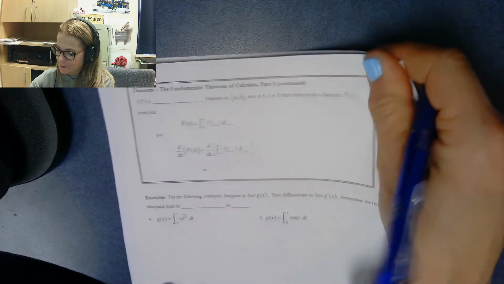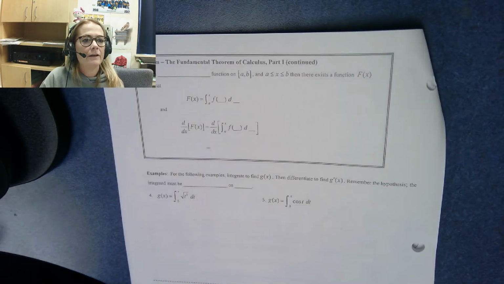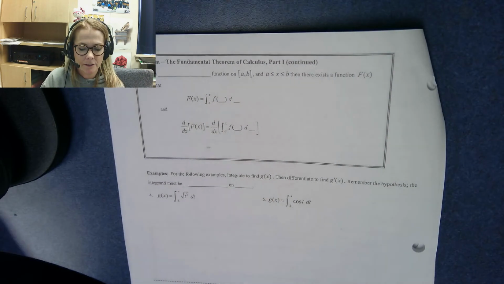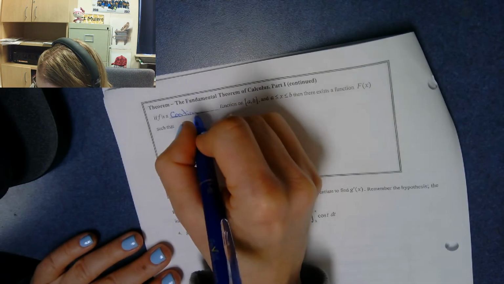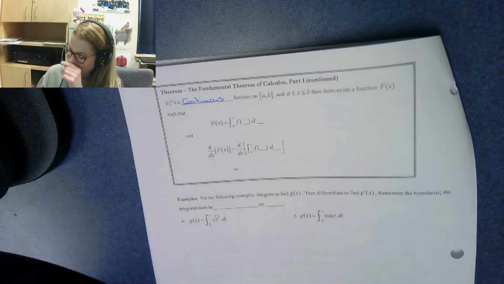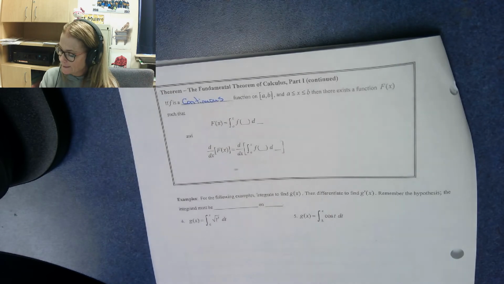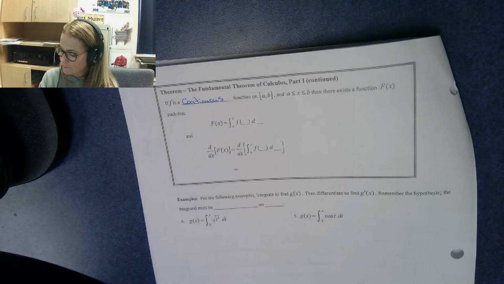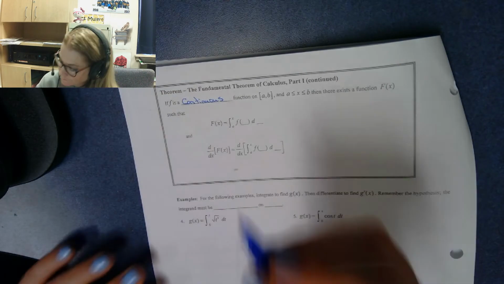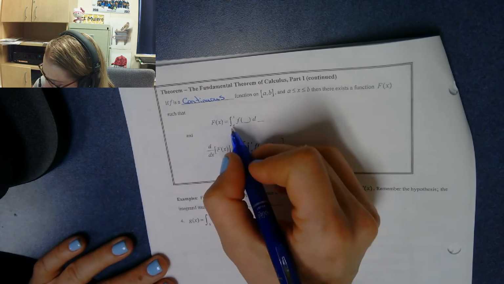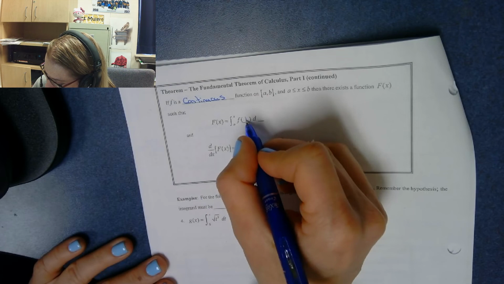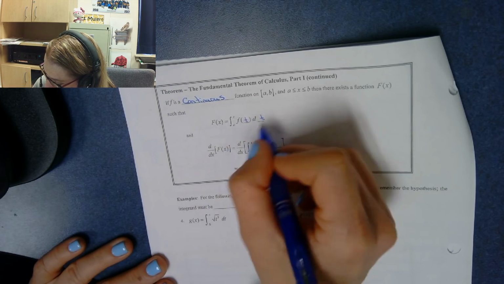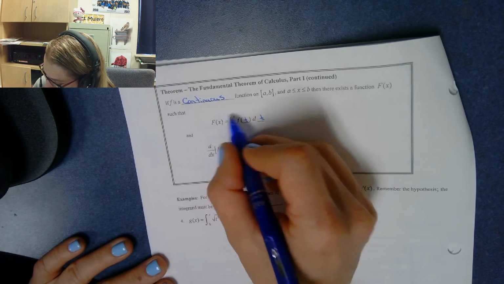What's next? All right, so let's do the big theorem, the fundamental theorem of calculus, part 1. F is continuous on [a, b], and x is in between a and b. There exists a function, an antiderivative, such that you have F of x, where the upper bound is x, and we're going to have f of x here.